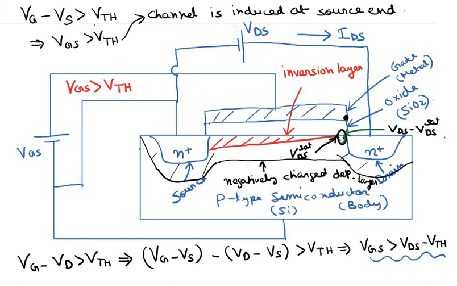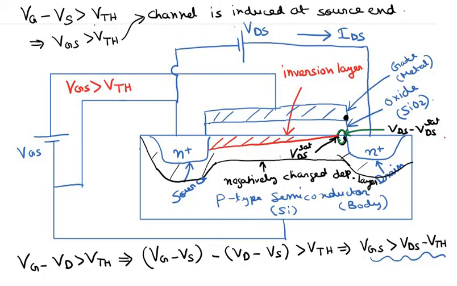Now, since the average electric field through the channel is constant once the pinch off condition is reached, or once VDS is higher than VDS set, the current that flows through the channel would be constant.